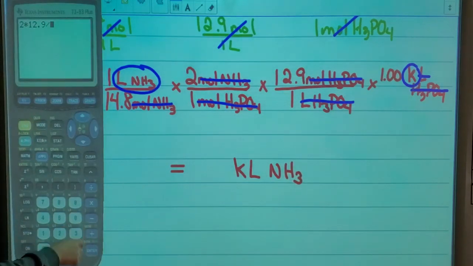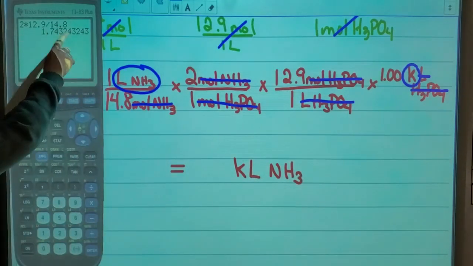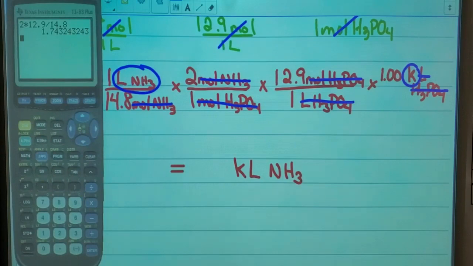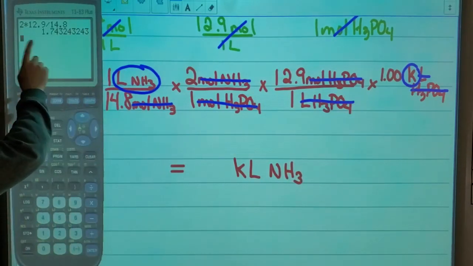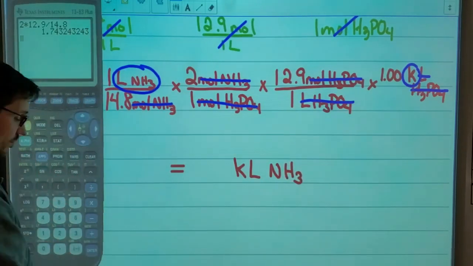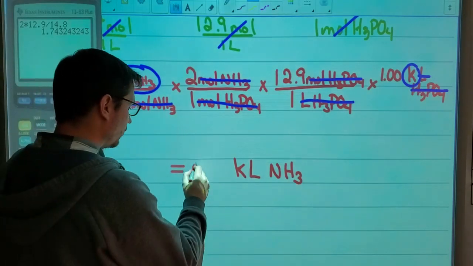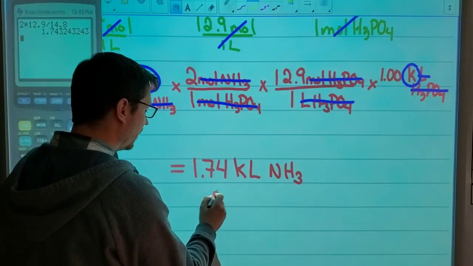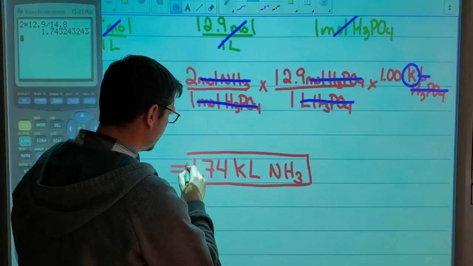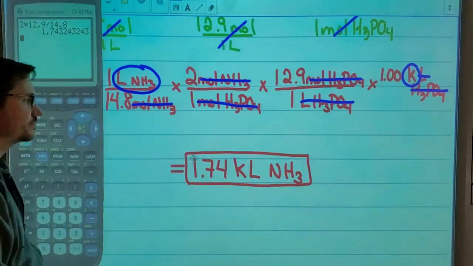And then divided by 14.8. That's it. So I should get 1.7432 and so on, but rounded to 3 significant digits, 1.74. So 1.74 kiloliters of ammonia.